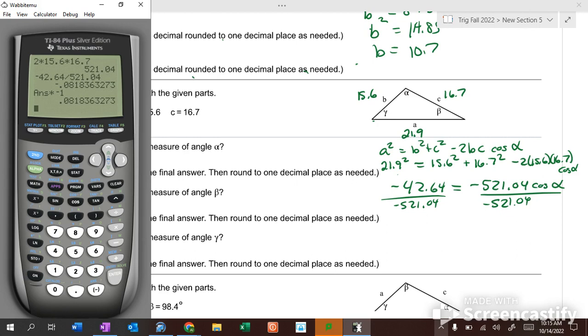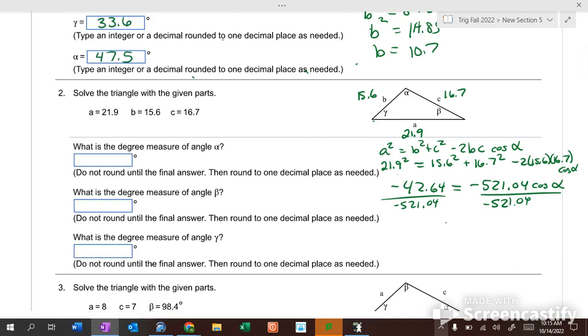So it's 0.0818, and then second cosine of the answer is 85.3. Okay?